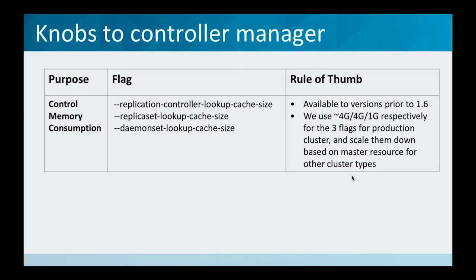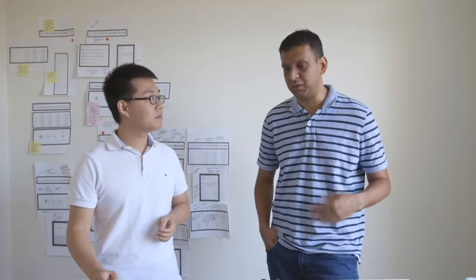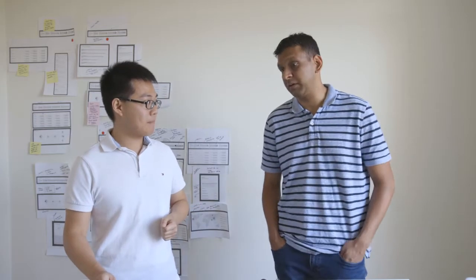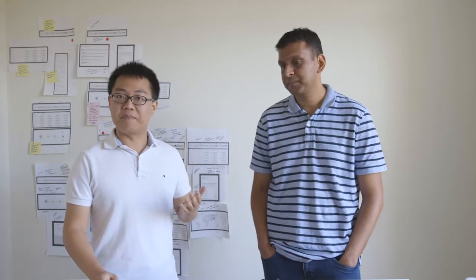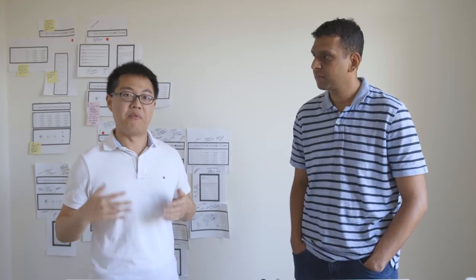But for Kubernetes versions after 1.6, they re-implemented their entire cache infrastructure, so these 3 flags no longer apply. Right. Yeah, I guess Kubernetes is also a work in progress, so some of the things have changed over time. Exactly. And that is something one should keep in mind. Yes, exactly. They are continuously improving their design and their implementations to make their system more efficient.